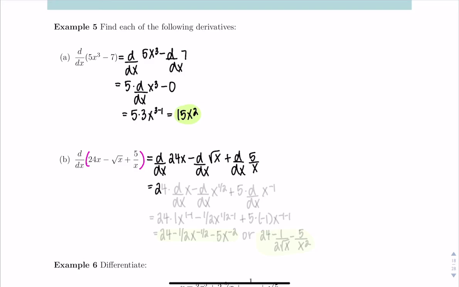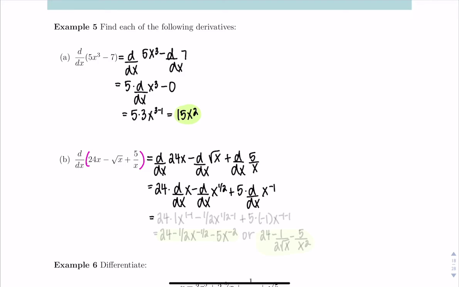We can pull that 24 out front and just find the derivative of x. We can rewrite the square root of x as x to the 1/2. And then we can pull this 5 out front and rewrite 1 over x as x to the negative 1.